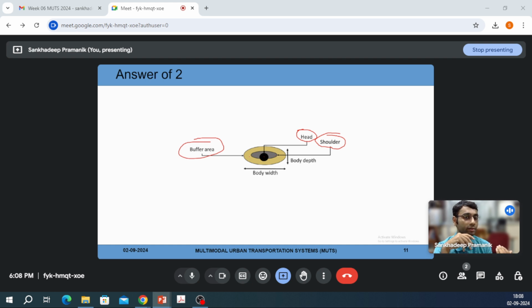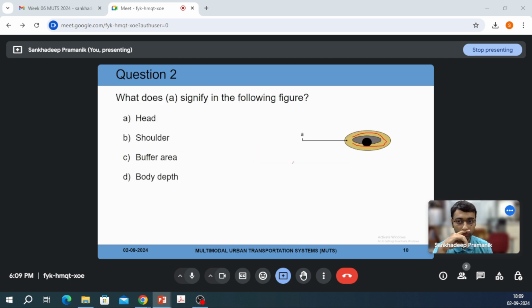If two pedestrians are very close, there may be discomfort faced by the pedestrians, so it is basically the buffer area for hand movement and all. The body width is from here to here and the body depth is here to here. So this A represents the buffer area. Option C will be the correct answer here.